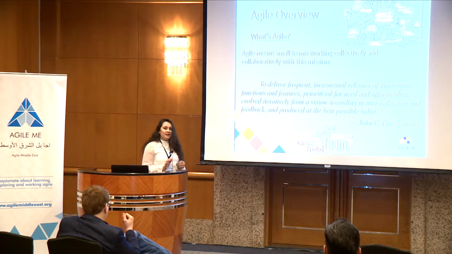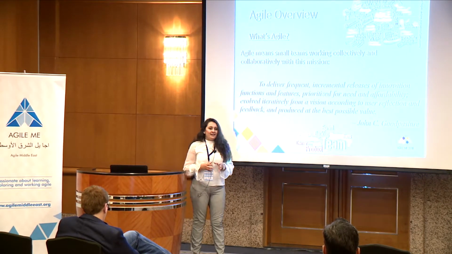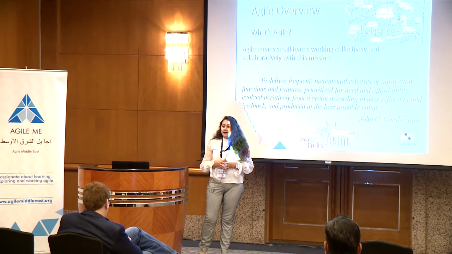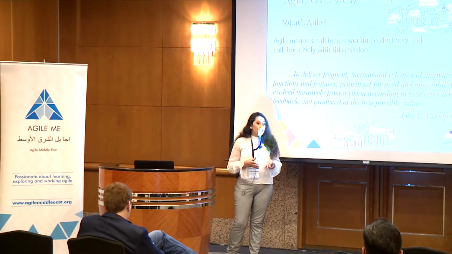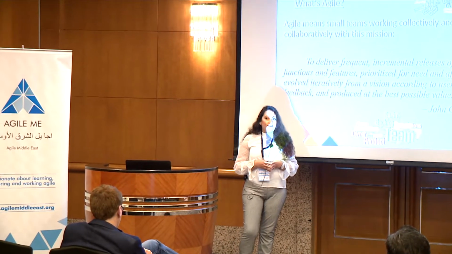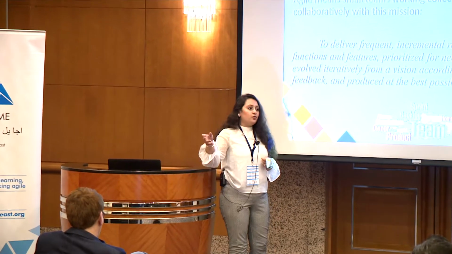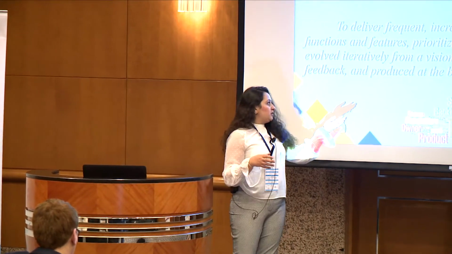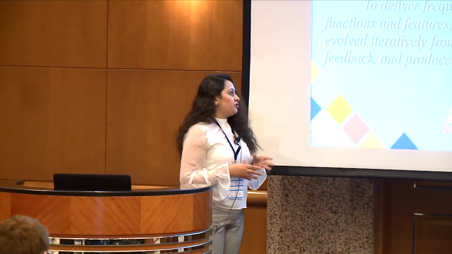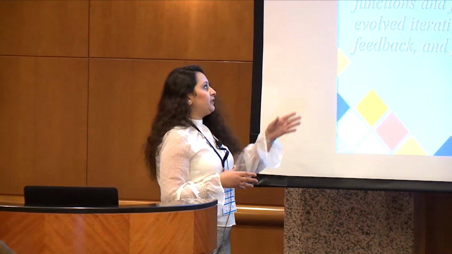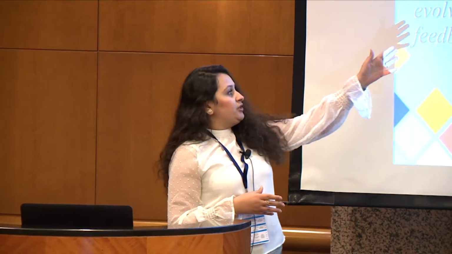So the Agile, as we have been hearing the whole day, is about being flexible and being able to do things quickly in order to meet the requirements. Based on the book of John Goodpasture, he's defining it in terms of increments and iterations.